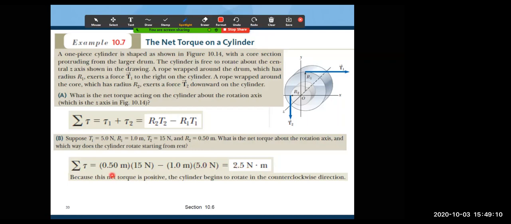So the net torque is R2 T2 minus R1 T1 in this example. So this is 2.5 Newton meter. It is a positive number. So in the XY plane, it generates an anti-clockwise rotation. Sorry, a positive value means anti-clockwise rotation. A negative value means clockwise rotation. Okay.